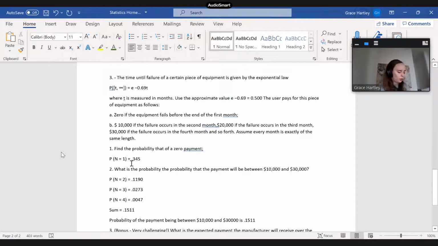I did this one using the formula e to the negative lambda, k over k factorial. Is that the right formula for this? And then I plugged in the numbers.